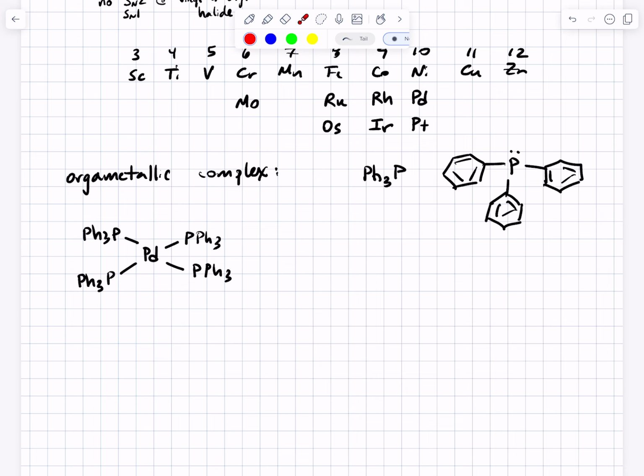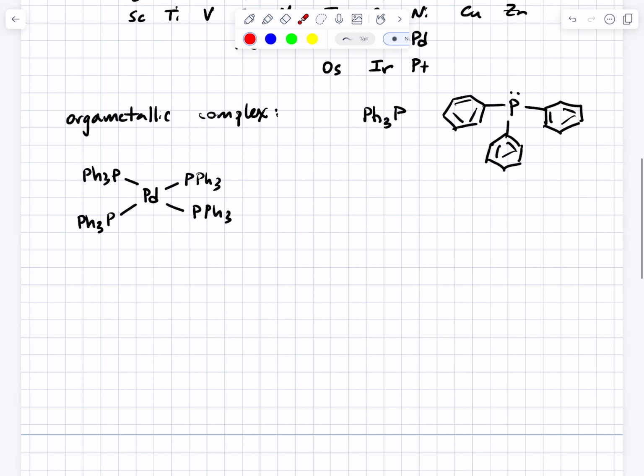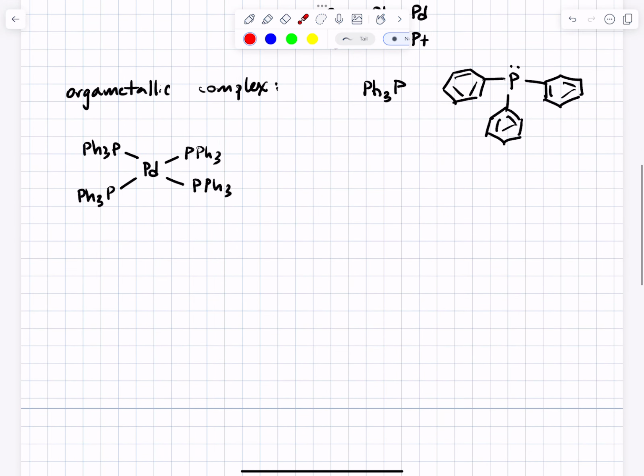And so we have a different, more intuitive way of thinking about electrons with organometallic complexes. We're still going to keep track of all of them, but we're going to lose formal charge on individual atoms, because that doesn't end up being predictive of where the electron poor versus electron rich parts of a molecule are for organometallic complexes.